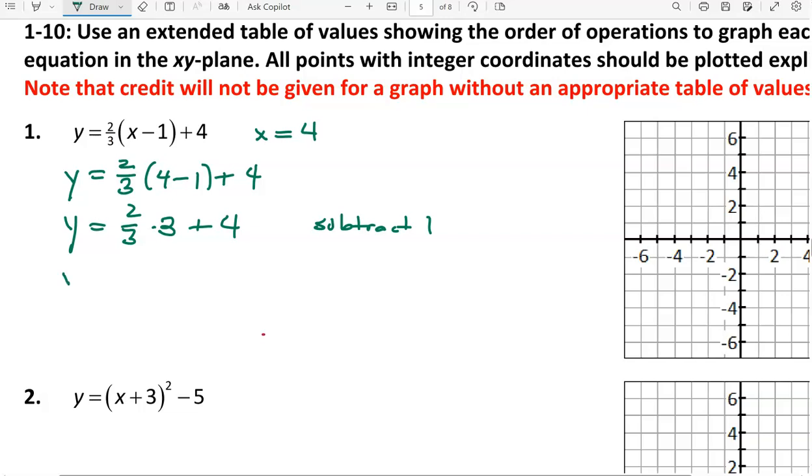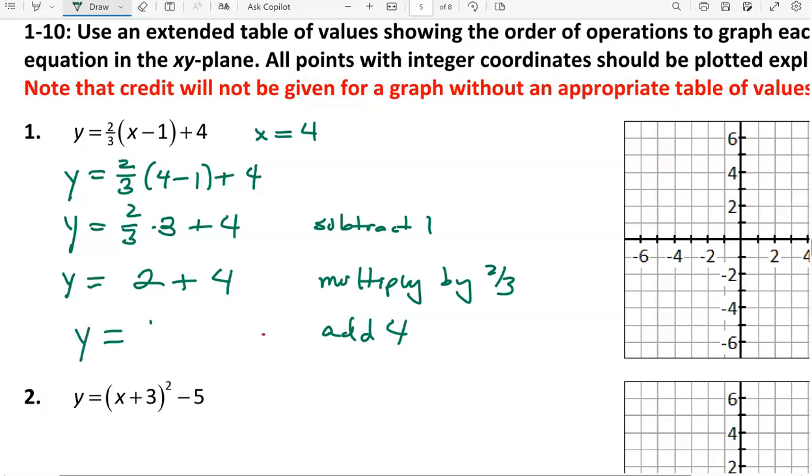And then after I do that, I multiply by 2/3. 2/3 times 3 is 2, and finally add 4. So the end y value would be 6. So that means when x is 4, y is 6, and we can graph that as a point on the graph.